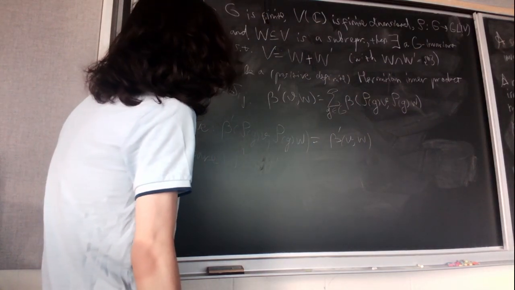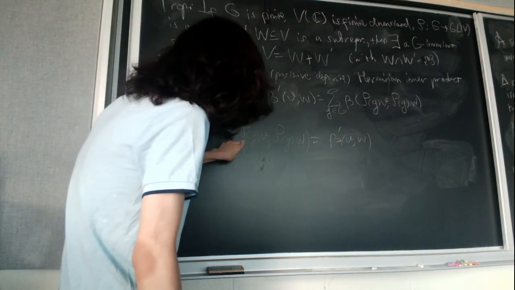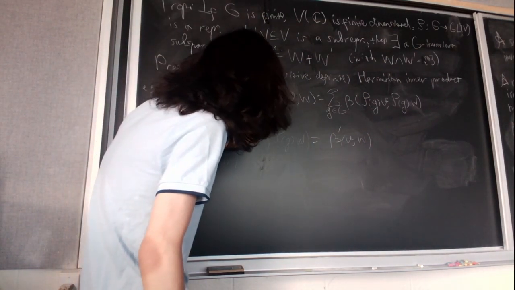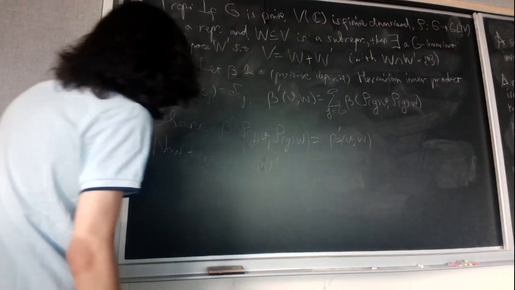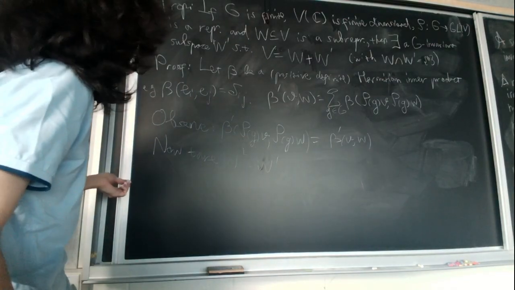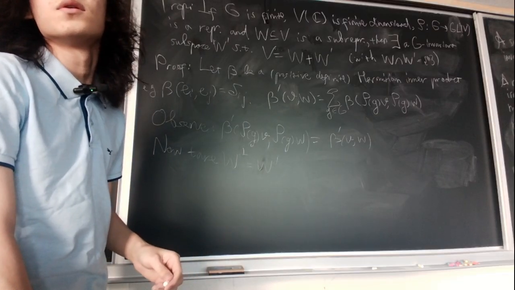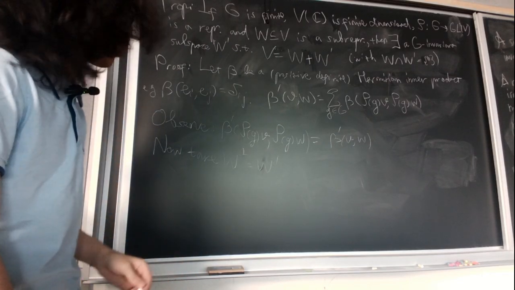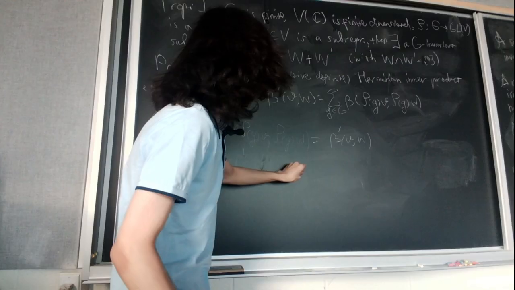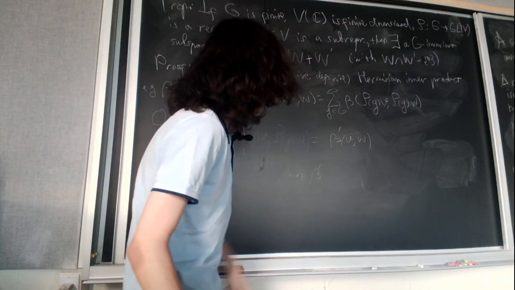And this is going to be invariant under G because, suppose, with respect to beta prime now.